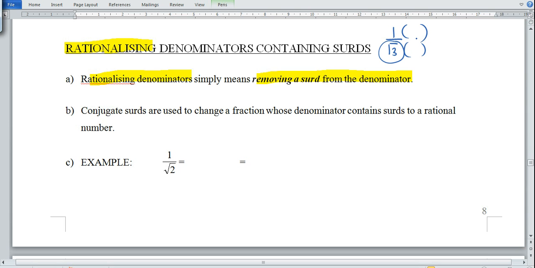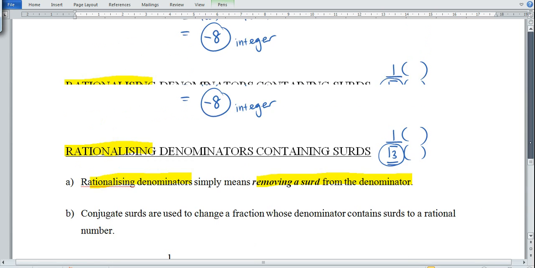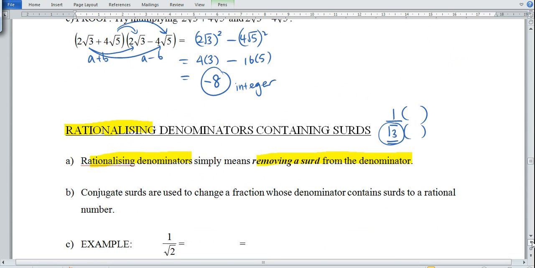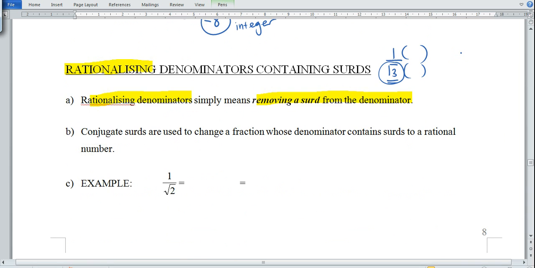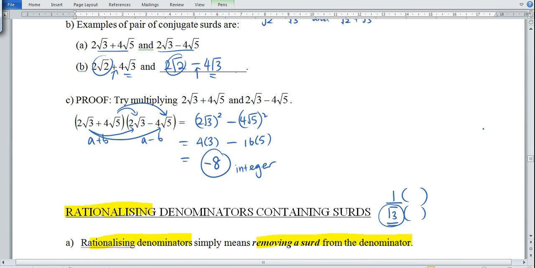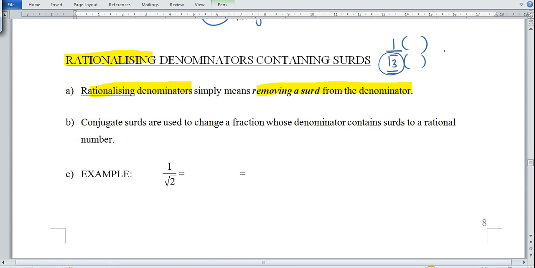Now this is the easy case with just one surd. What if, instead of this, I have 1 over 2 minus square root 3? This is also considered not simplified.